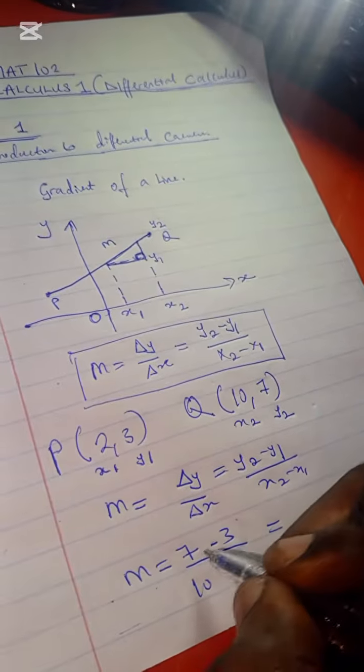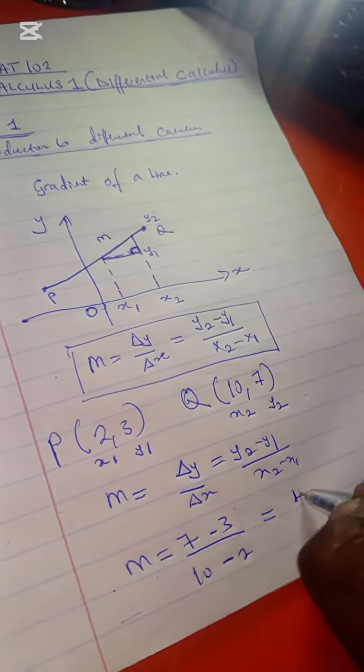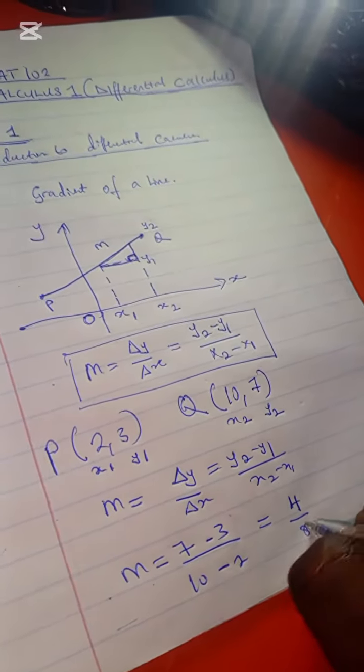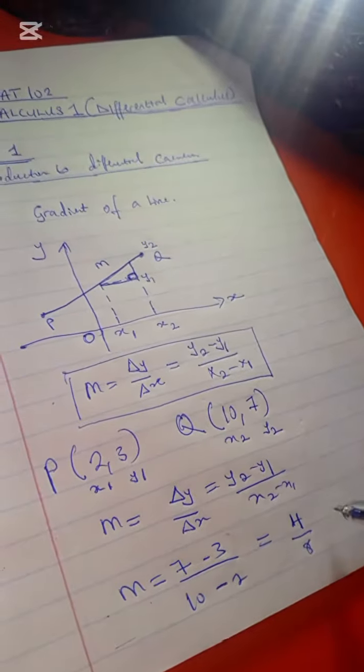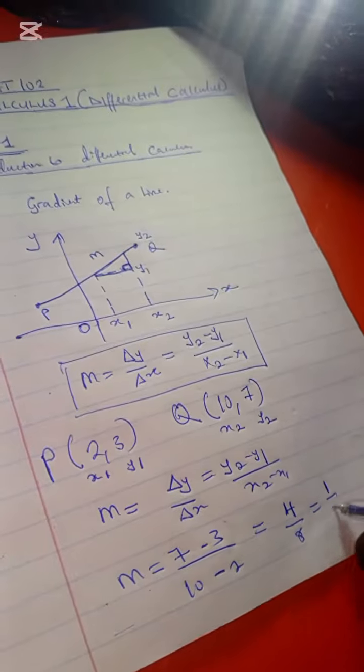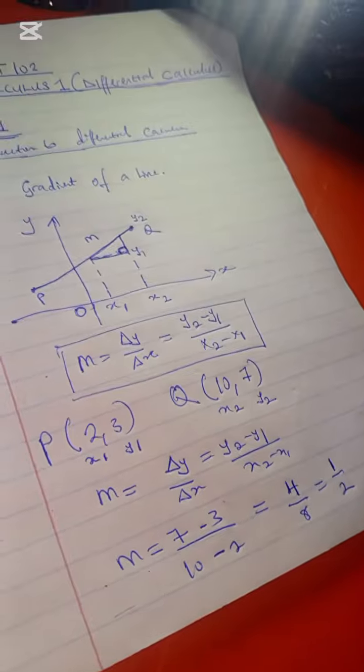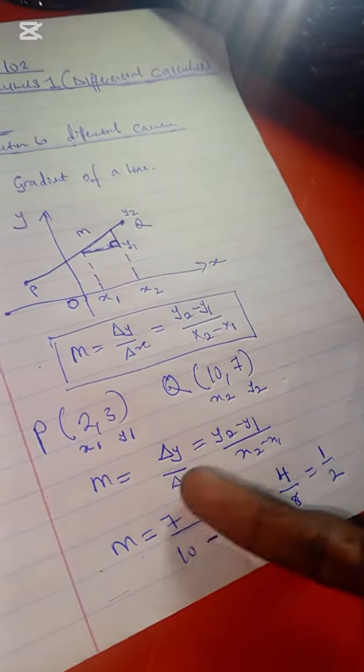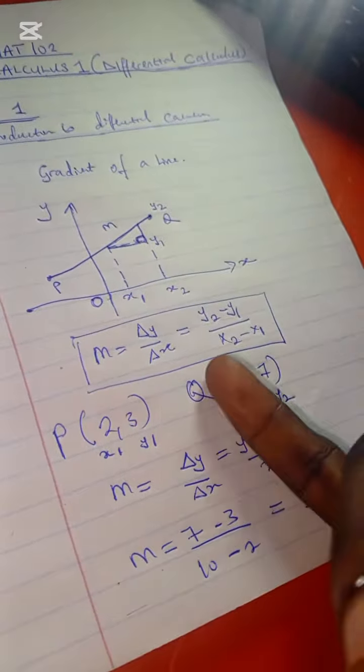So 7 minus 3 is 4, and 10 minus 2 is 8, which can also be broken down to 1 over 2, which means that the gradient of this particular line is 1 over 2.